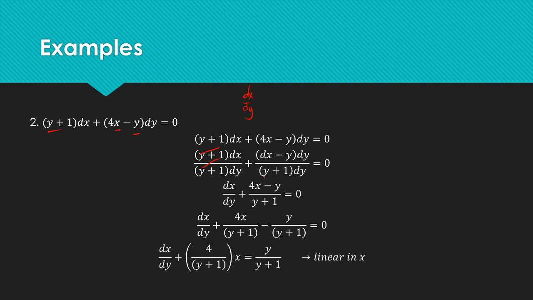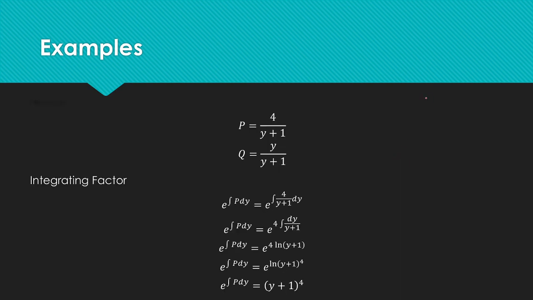Transpose natin sa kabila. So, we will have this equation wherein our p of y is equal to, ayan, ang p of y natin is 4 over y plus 1 and ang q natin or q of y is y over y plus 1.